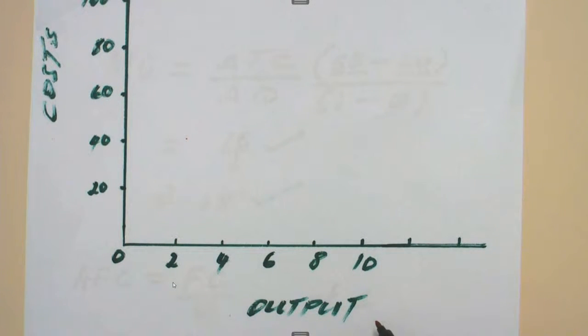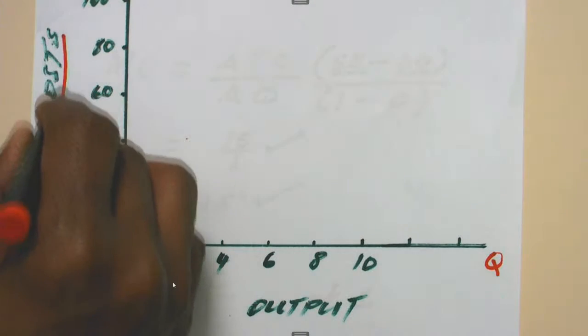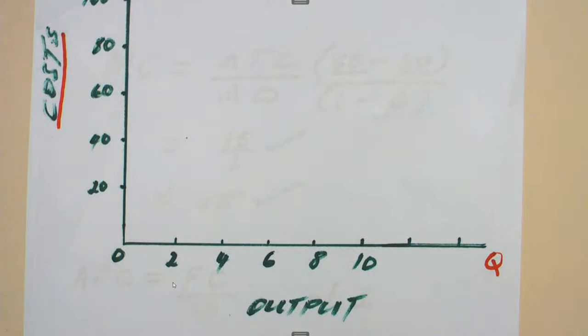This quantity, the Q, you indicate there that this is your output quantity, the x-axis. And then on your y-axis, we have indicated that it is our cost. Right. Now this is how you do the plotting of your curves.